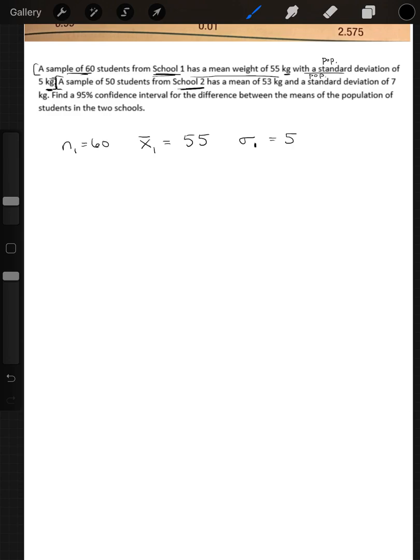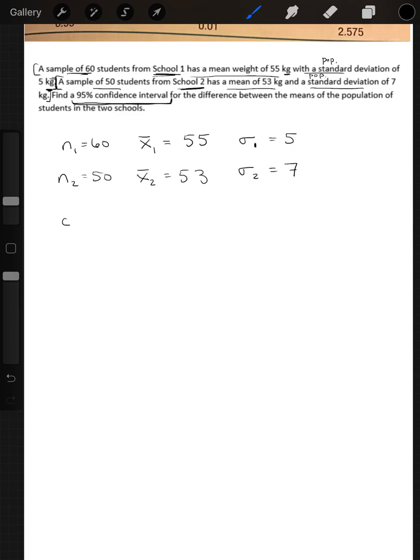Right, so this second sentence is all about sample 2. So it's of 50, so N2 is 50. It has a mean of 53, so x2 bar is 53. And again, it has a population standard deviation of 7, so sigma 2 is 7. Right, our confidence level is given here, right?